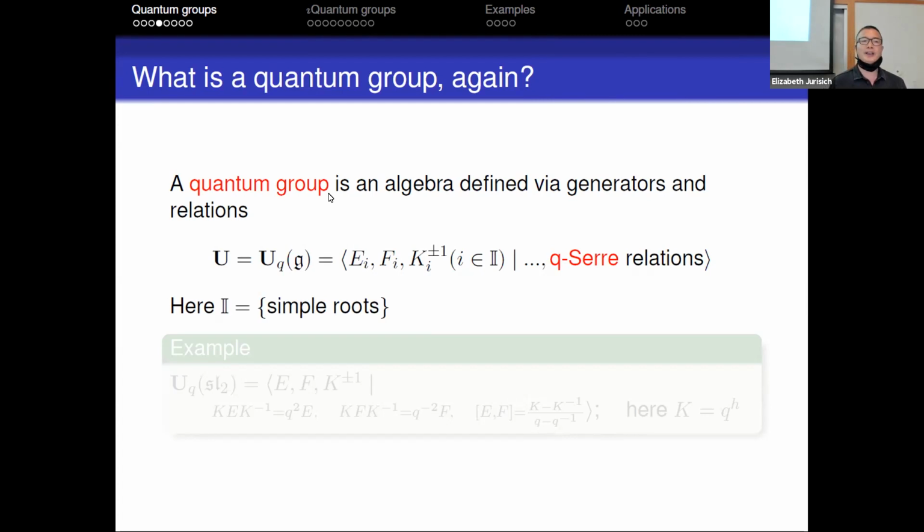Now typically we write capital E_i, F_i, K_i. The Cartan part K_i in the quantum situation becomes invertible. They satisfy some relations I'm not going to write down. They are fairly similar to the usual Lie algebra relations. And the quantum Serre relation, we'll see it at some point.